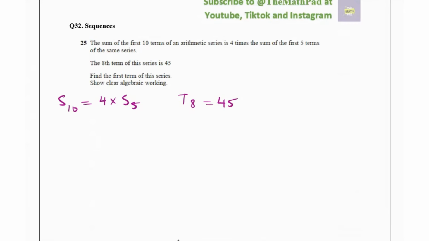So for this, let's create two equations. First, let's use the eighth term. The eighth term is a plus 8 minus 1 times d. We don't even know what the common difference is. So 45 equals a plus 7d. This is our first equation.